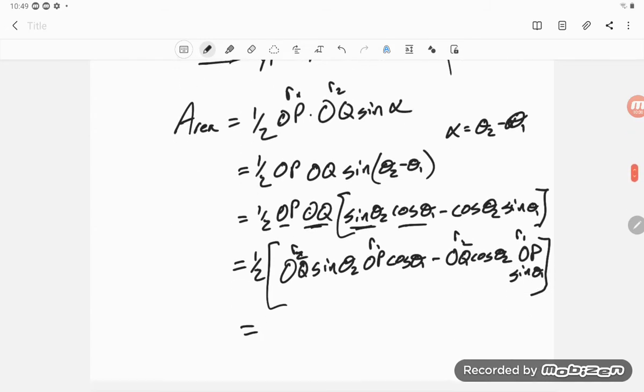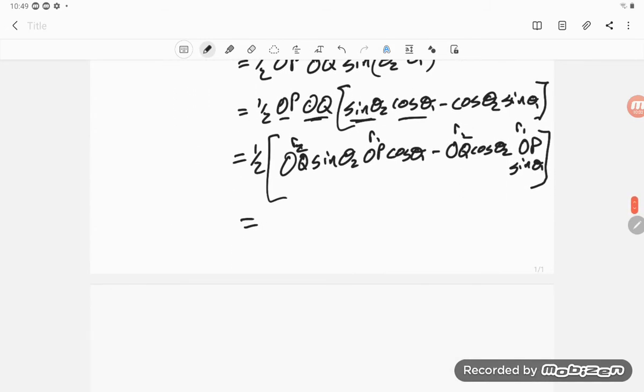and R2. And so they point out that since that's R2 sine theta 2, that's just Y2. That is just X1.